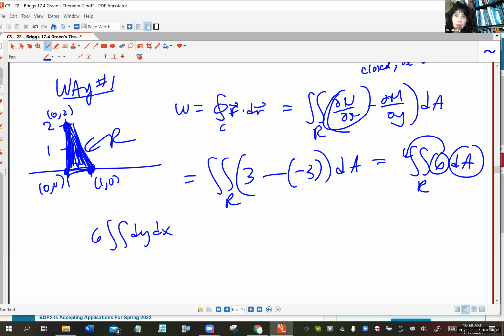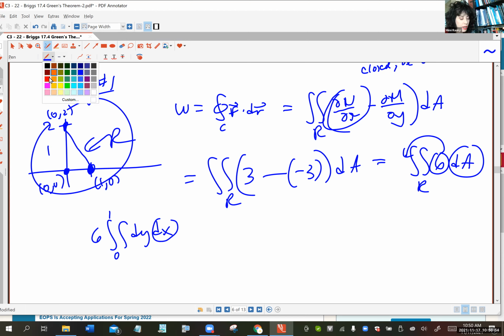And then what? Put the limits on the integrals representing this region here. So x is going from the pure number 0 to the pure number 1. Now what's y doing? You've got to be careful here. You don't want to say 0 to 2 because that's going to be so wrong. How come?